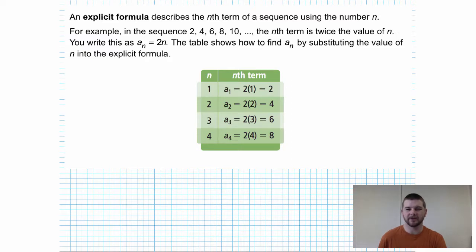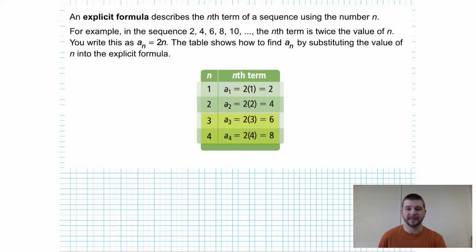The table shows how to find a sub n by substituting the value of n into the explicit formula. So notice if n equals 1, a sub 1 equals 2 times 1, and that's 2. If n is 2, a sub 2 equals 2 times 2, and that equals 4, and so on.